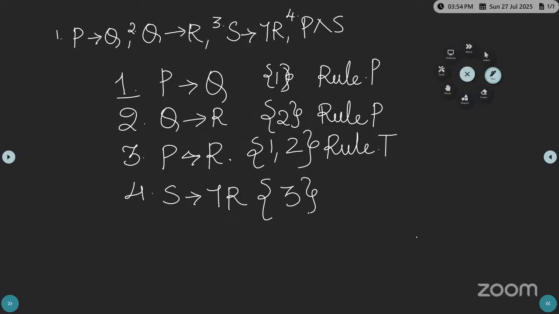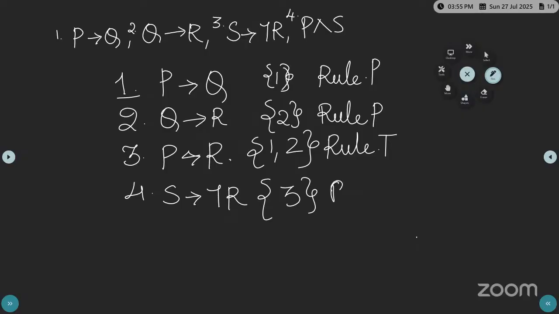Now what is this? Can you write? What do you mean by this? What is the converse of this? What do you mean by converse? Or contrapositive. What is contrapositive? P implies Q will become negation Q implies negation P. Right? So here I am writing.